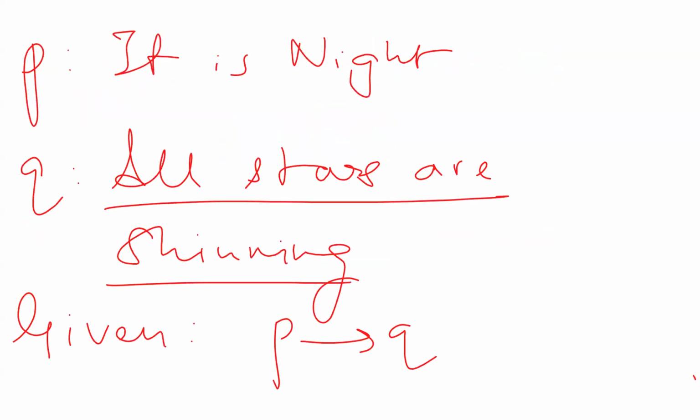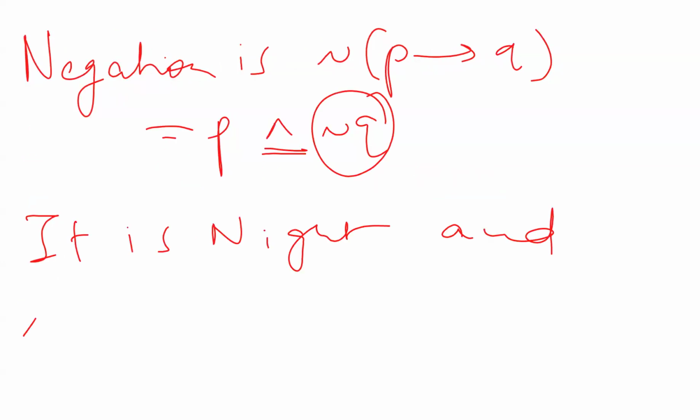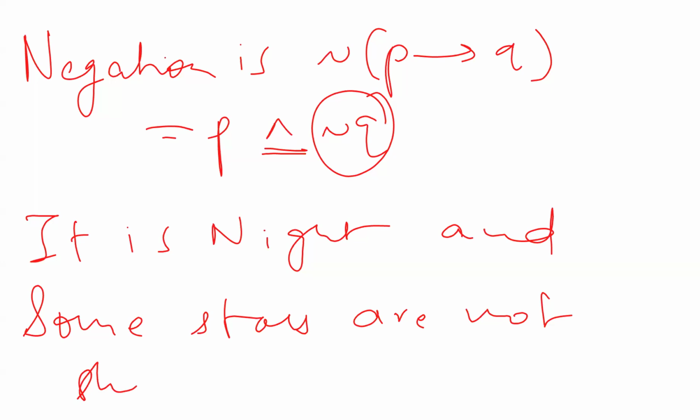Can someone tell me? I've already taught you this. Some stars are shining. All will change to some and negate it further. Some stars are not shining. It is night and some stars are not shining.